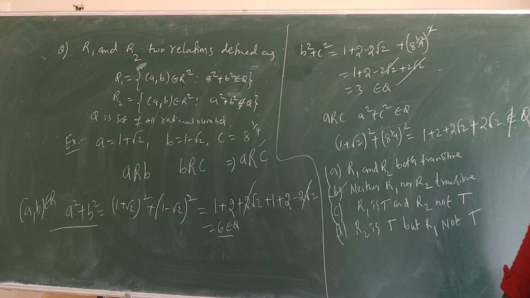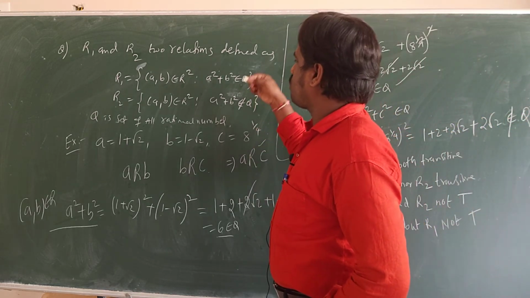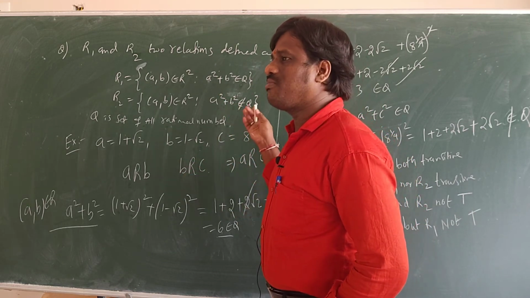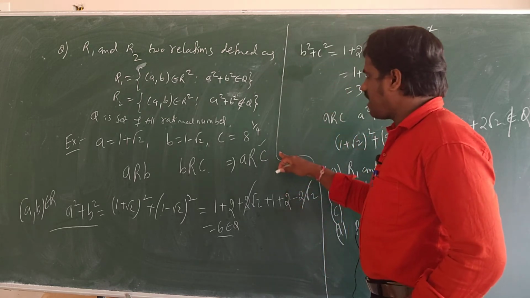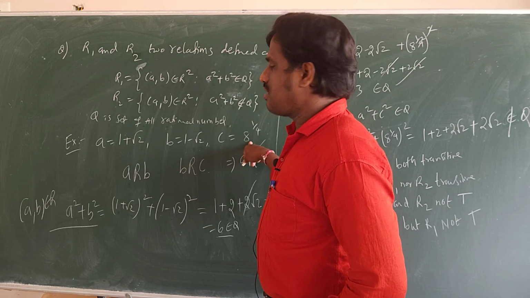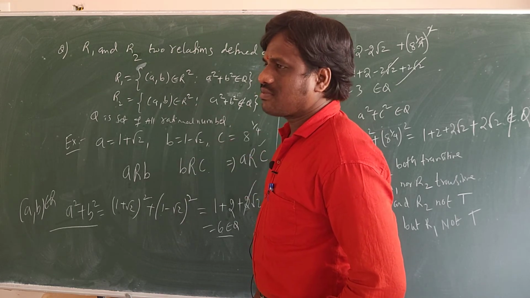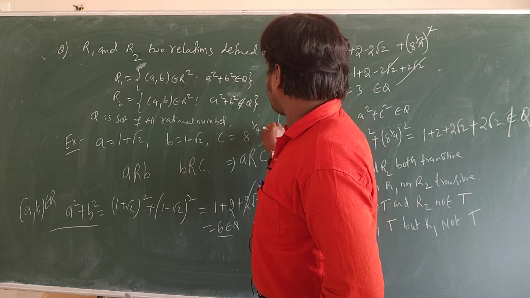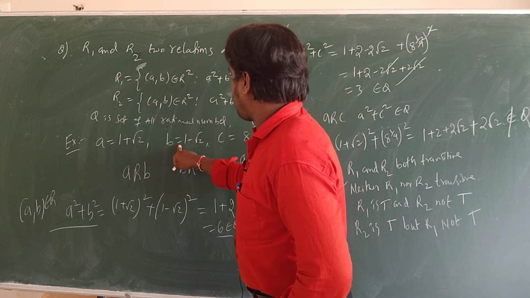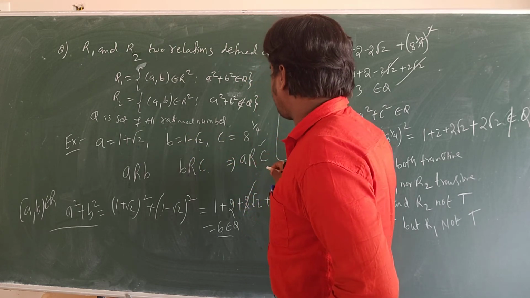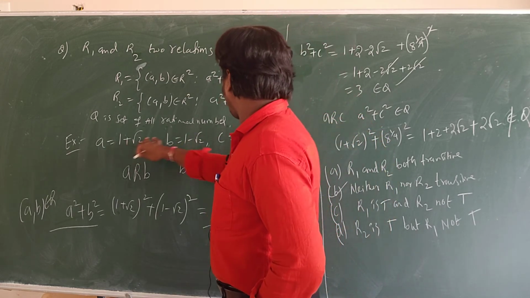Should I explain? See, you have to take not belongs to Q, there will be no condition like that. If you want to take AC, only one way you can take. Here I am getting AB.